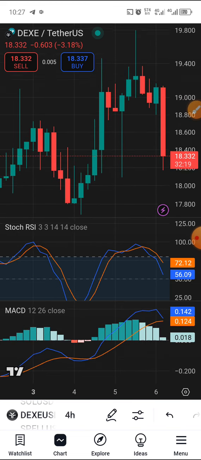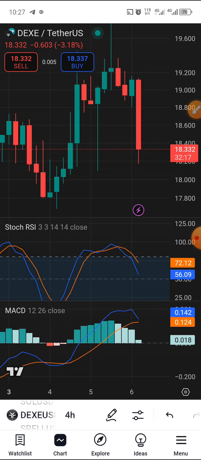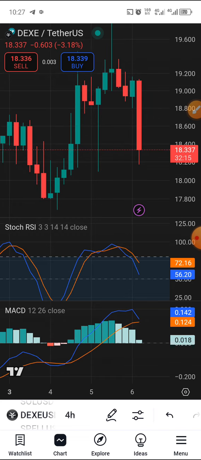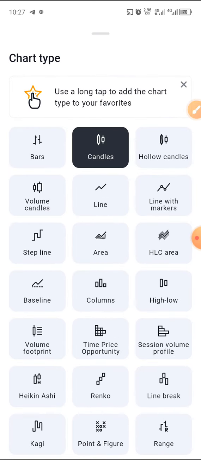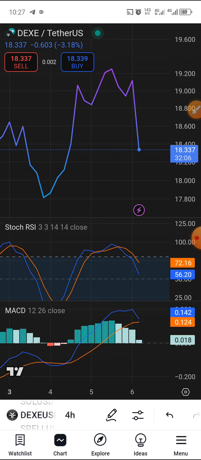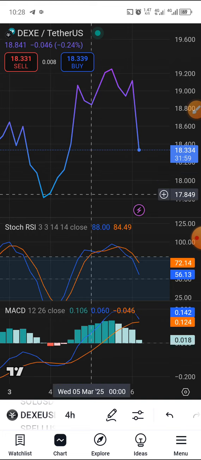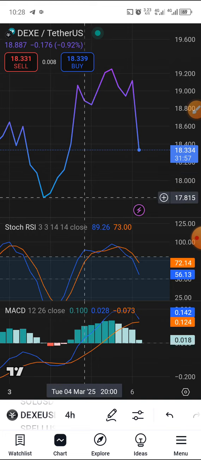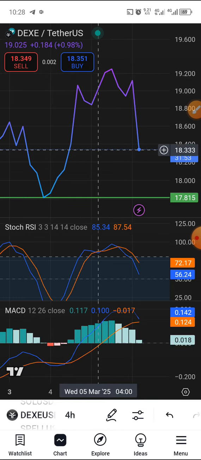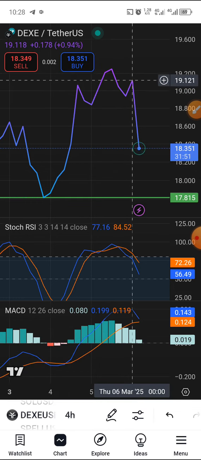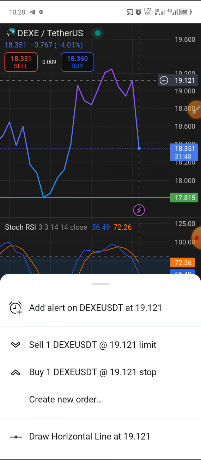And I told you that if you don't know how to draw the accurate lines, change from candles to the line, because with the line it is a lot easier. Where you see a normal V like this one here, you draw there a line. Where you see the inverted V like this one here, you draw there a line.